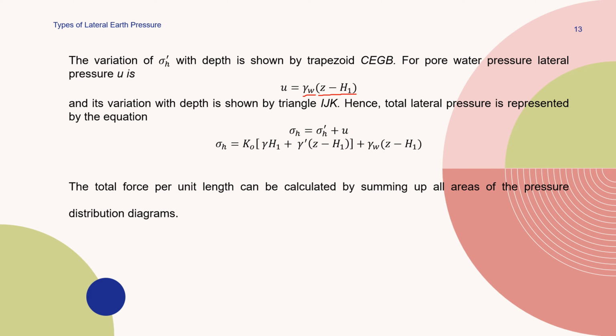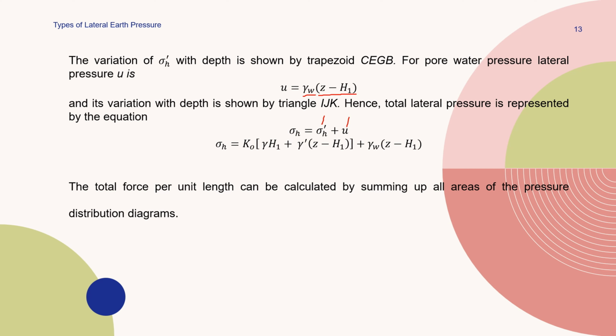Hence, ang total lateral pressure is represented by the equation sigma H is equal to sigma prime H plus U, where if i-substitute nimo ang values, so for sigma prime H, Ko times gamma H1 plus gamma prime times Z minus H1. And for U, unit weight of water times Z minus H1.